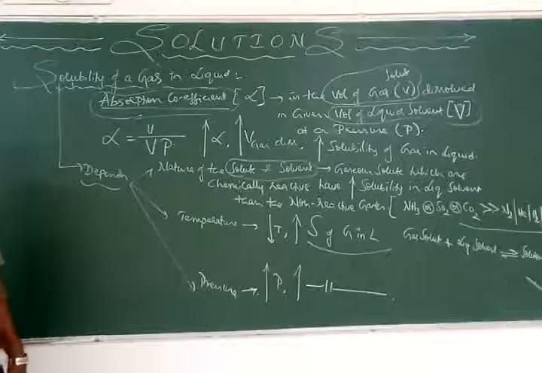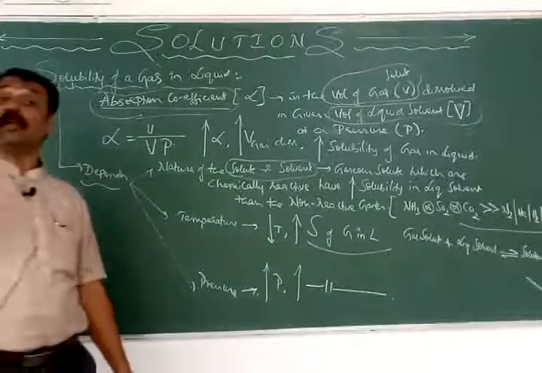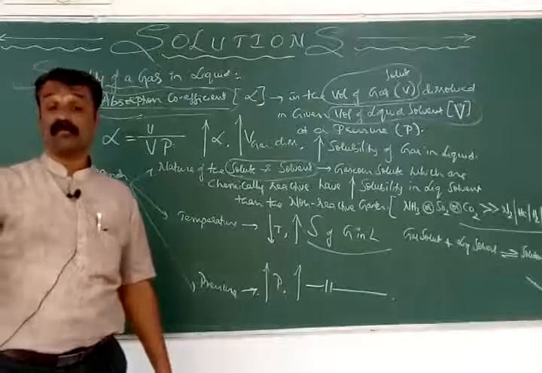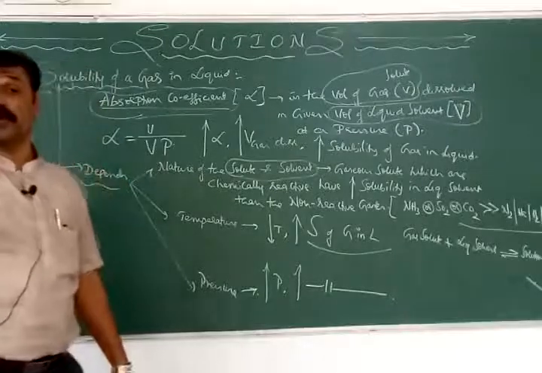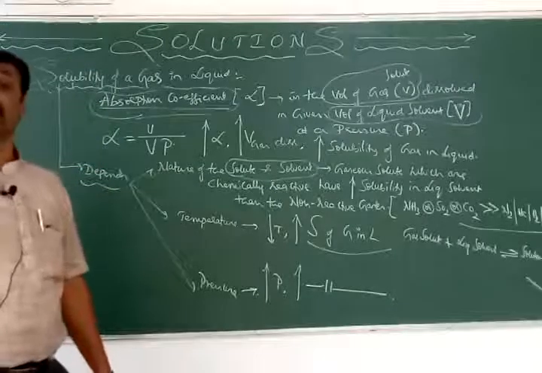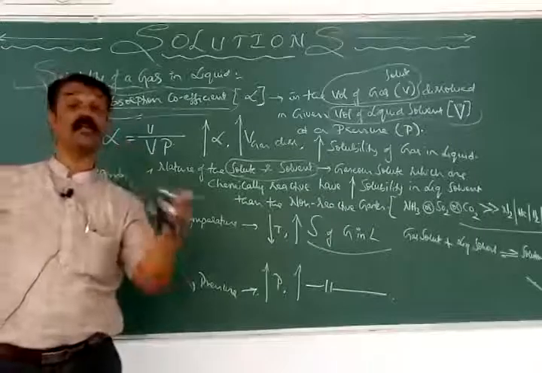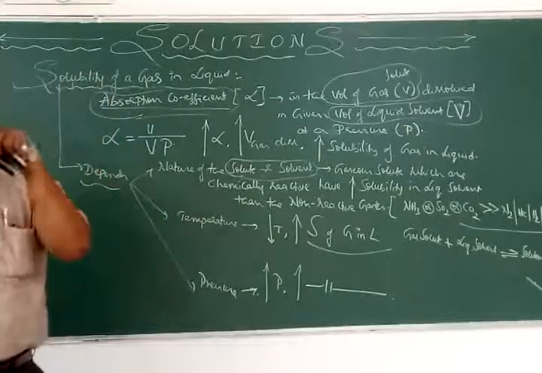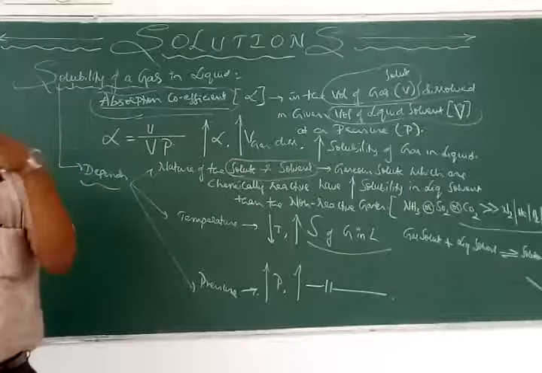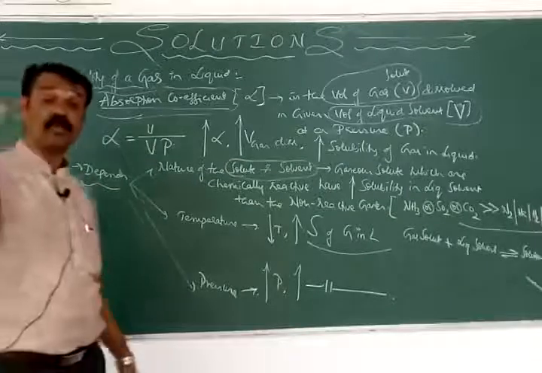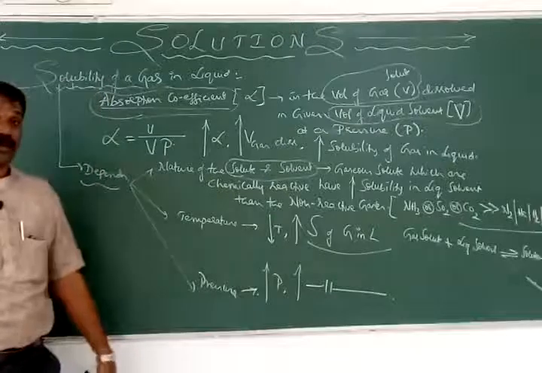Okay, so this is about the solubility concept with respect to solid in liquid and gas in liquid. In solid and liquid, it depends upon the nature of the solute, whether it is an electrolyte or a non-electrolyte, and whether the process is exothermic or endothermic. Therefore, it is dependent upon the temperature either directly or inversely. Directly means if it is endothermic, inversely means it is exothermic.